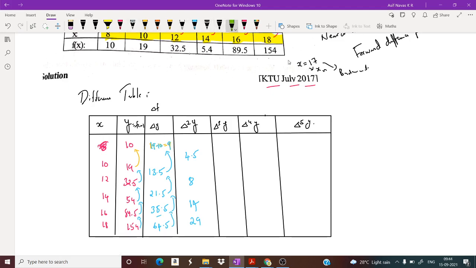Now third difference, that means 8 minus 4.5, 3.5. 14 minus 8, 6. 29 minus 14, 15. Now fourth difference, this is 6 minus 3.5, 2.5.